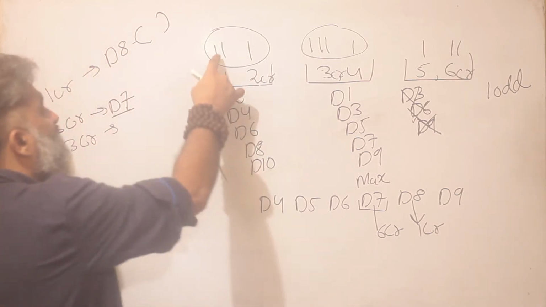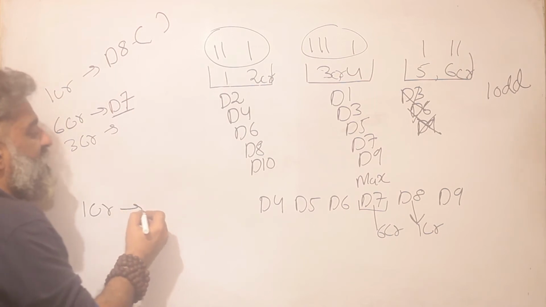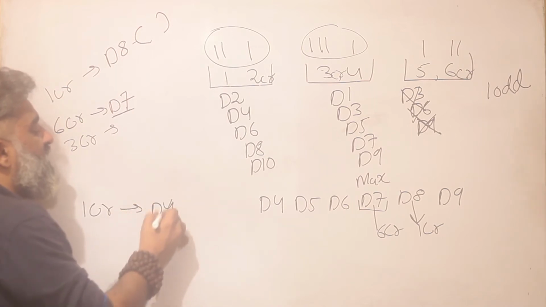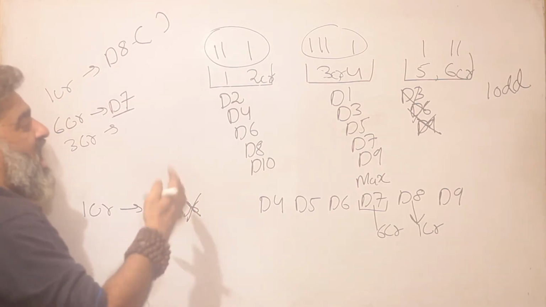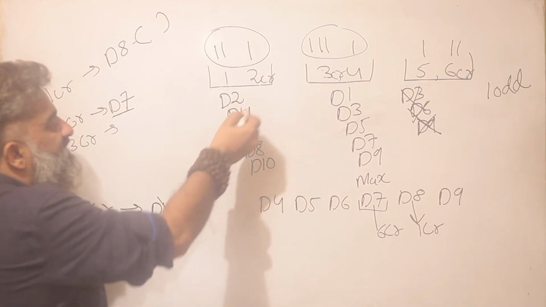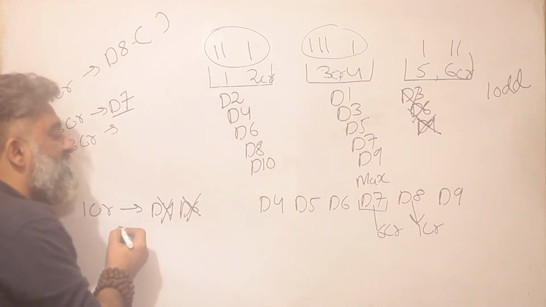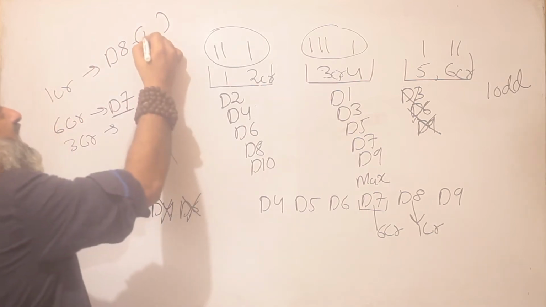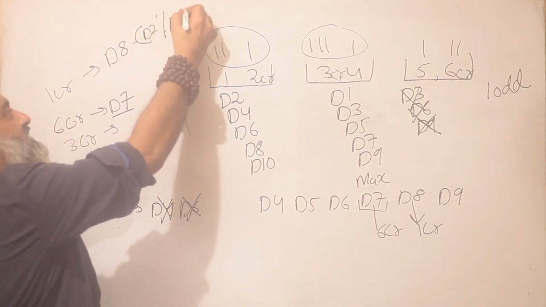So if I think of the 1 crore category, I know there is one more character that I need. I know D4 and D6 cannot be that character, and it has to be one of these: D2, D4, D6, D8, D10. D4 is ruled out, D6 is ruled out, D8 is ruled out. That means for the 1 crore category, I have either D2 or D10.